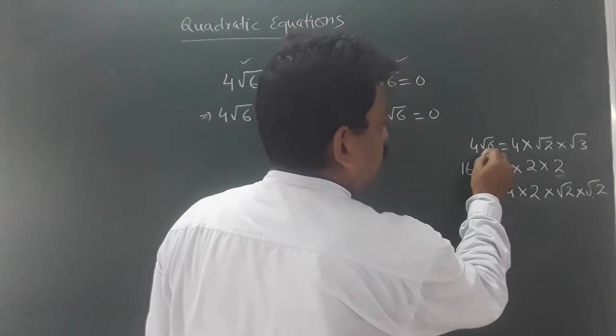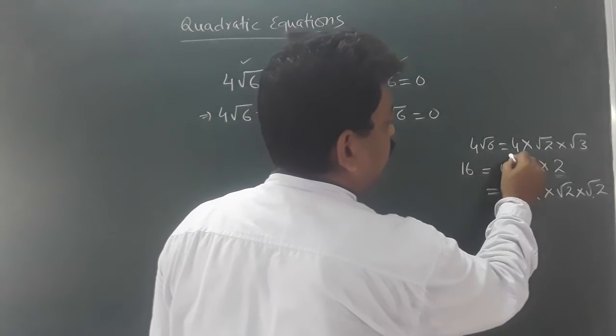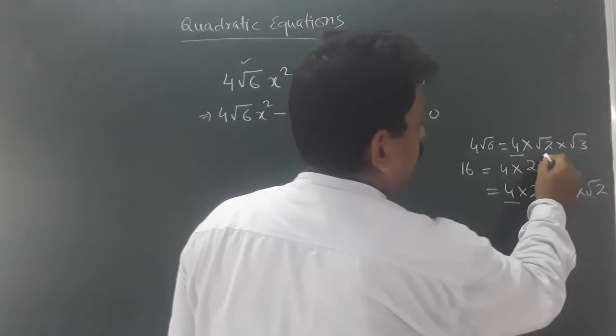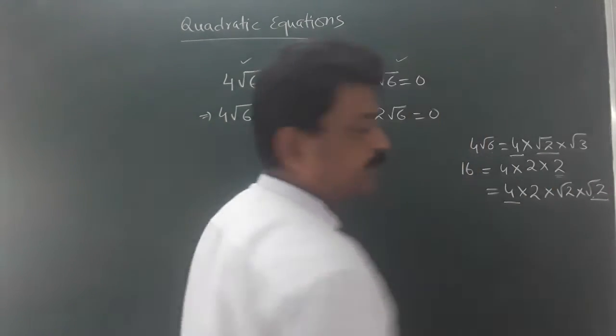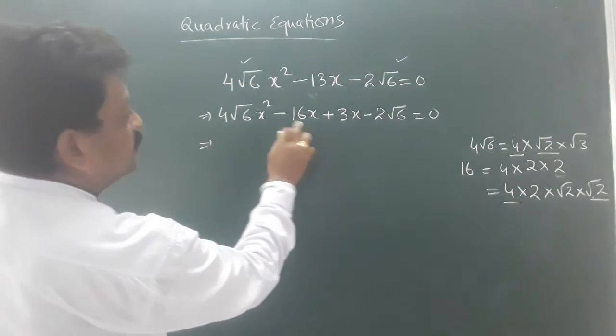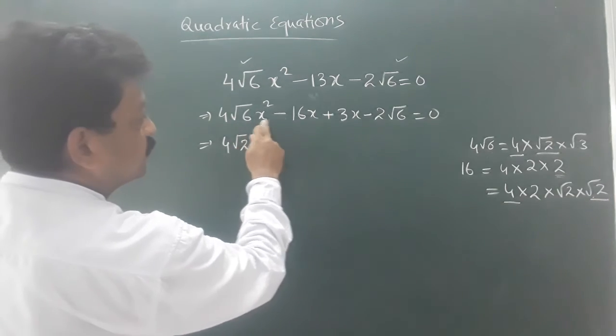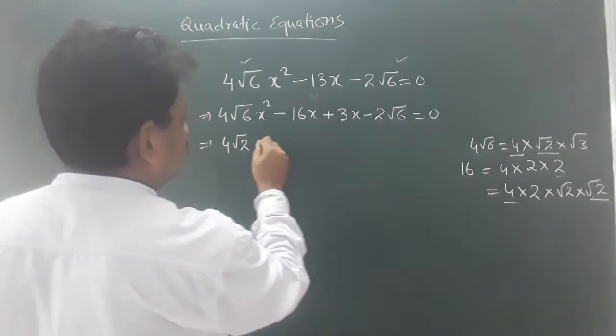So see here, for 4 root 6 and 16 we can take 4 common. We can also take root 2 common. So 4 root 2 is the common factor between the first two terms. So 4 root 2 and x is also there: here it is x square, here it is x, so x.